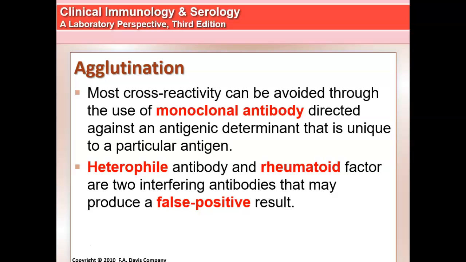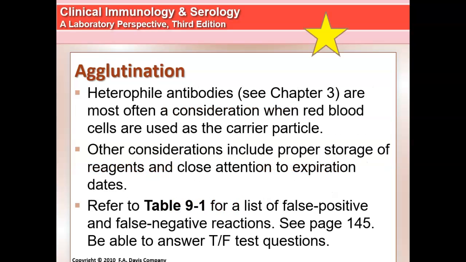You should also note that heterophile antibody and rheumatoid factor are two interfering antibodies that may produce a false positive result. The heterophile antibody is something that you can get when you have Epstein-Barr virus, which causes mononucleosis. And that brings us to a conclusion of agglutination reactions.